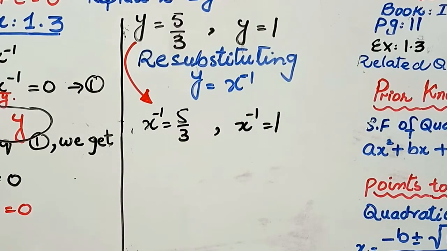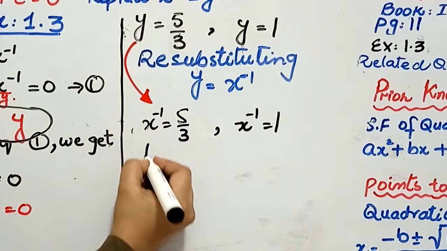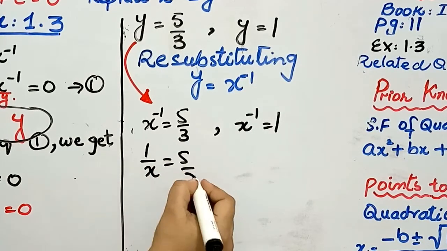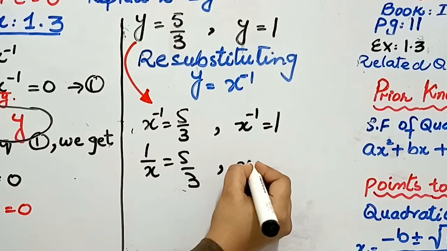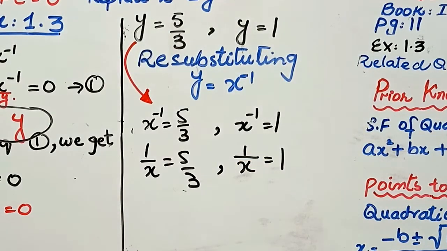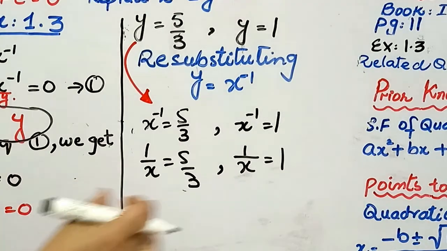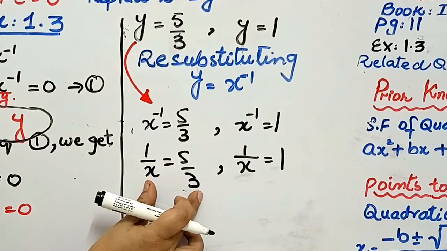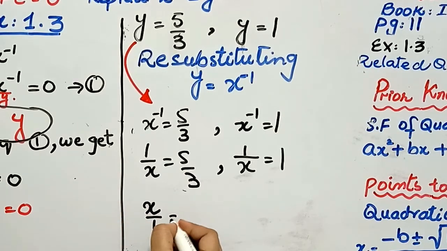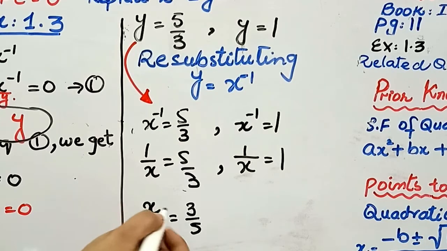Fine. X raised to power minus 1 means 1 upon x is equal to 5 by 3, and 1 upon x is equal to 1. So to find the value of x, I have to reciprocate both of these terms. It will be x by 1 is equal to 3 by 5, meaning the numerator converts into the denominator and the denominator converts into the numerator.